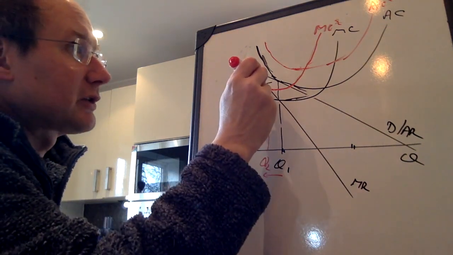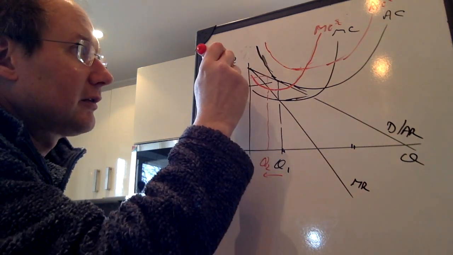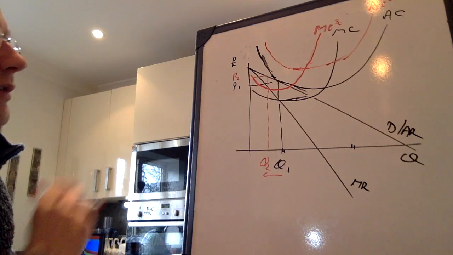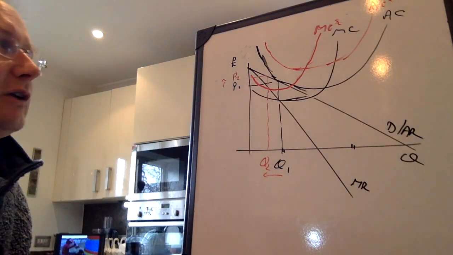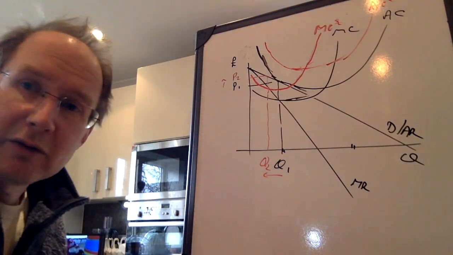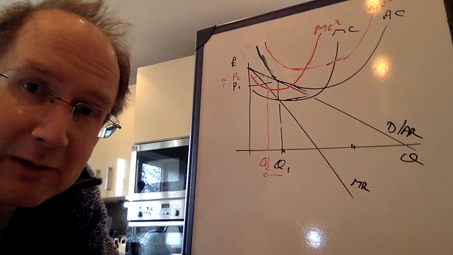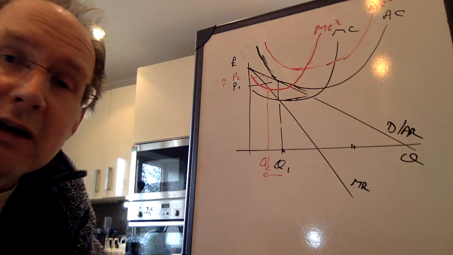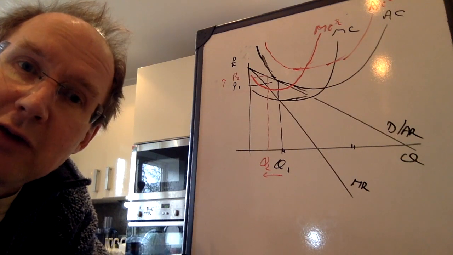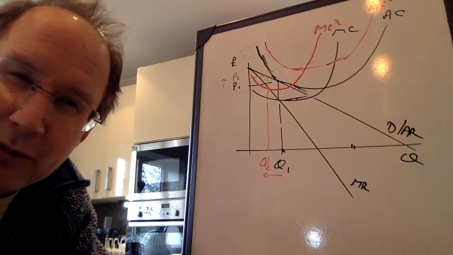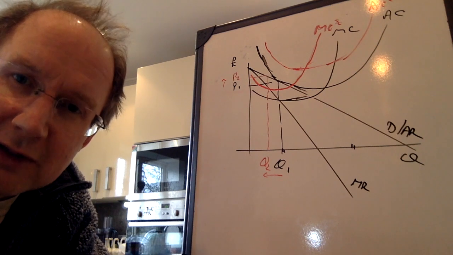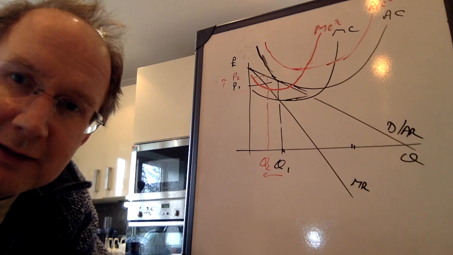But because output's lower, the profit maximising price is higher at P2. So tough, but actually quite compact. If you understand your stuff, you could probably do that in a relatively short amount of time. You'd get your 10 out of 10, job done.